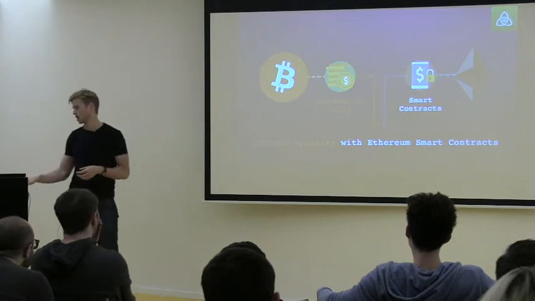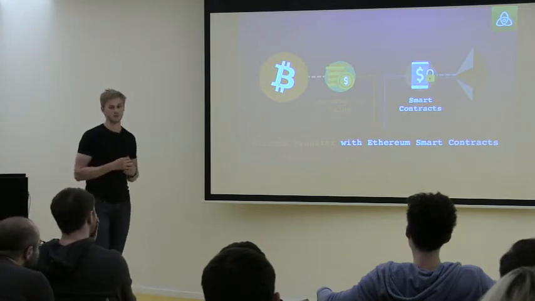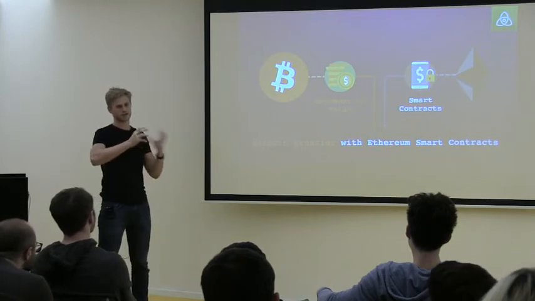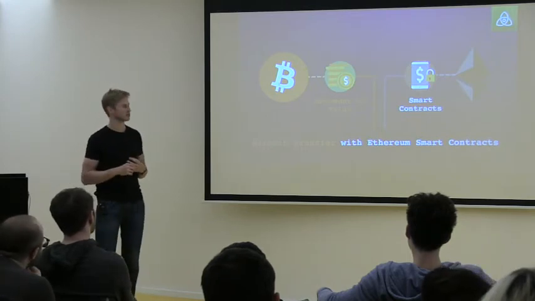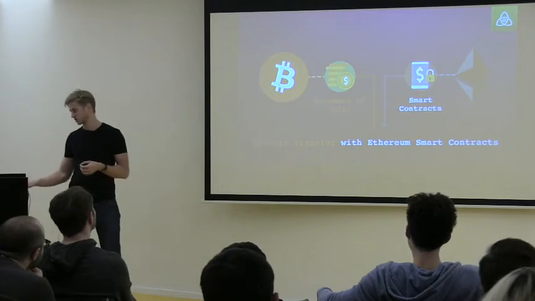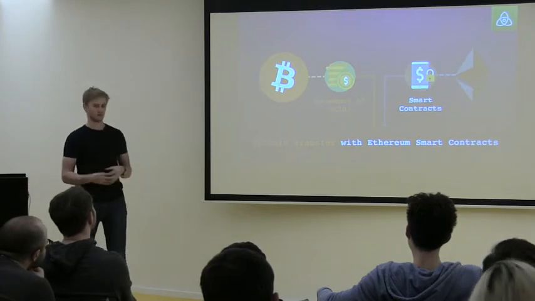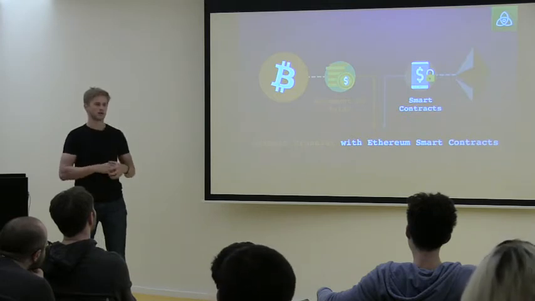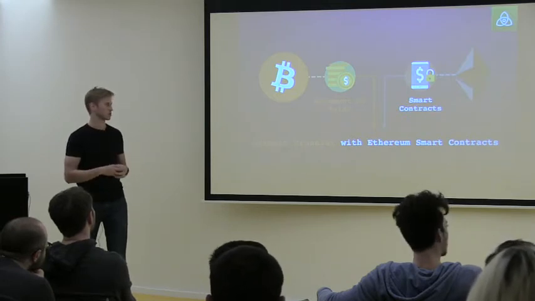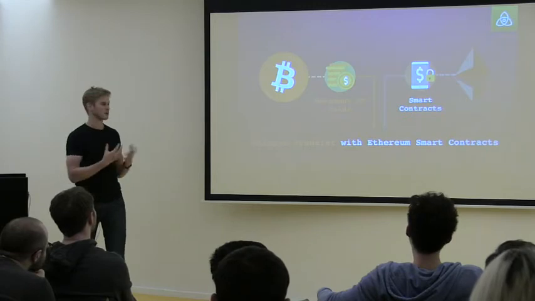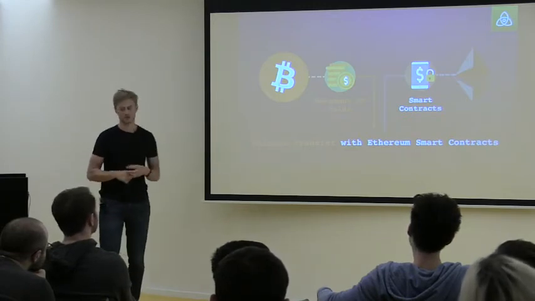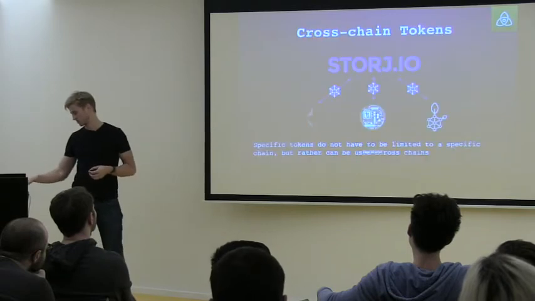I think decoupling Bitcoin from the Bitcoin network would be a huge thing. Of course, with Bitcoin, it's hard to do this whole peg zone because of the limitations of Bitcoin. But hopefully it will be possible at some point, and it would be amazing if we could move the Bitcoins away and use them in a more scalable way, and maybe that would also solve some of the problems in the Bitcoin universe and some of the disagreements there.